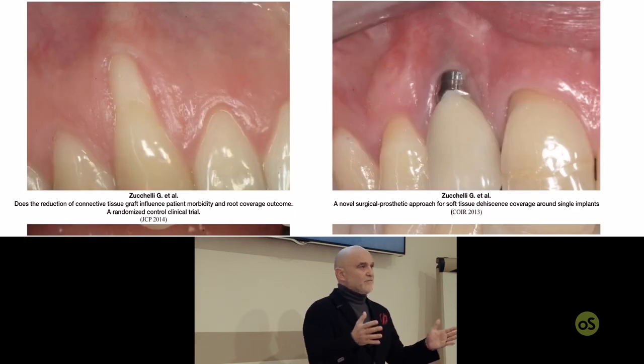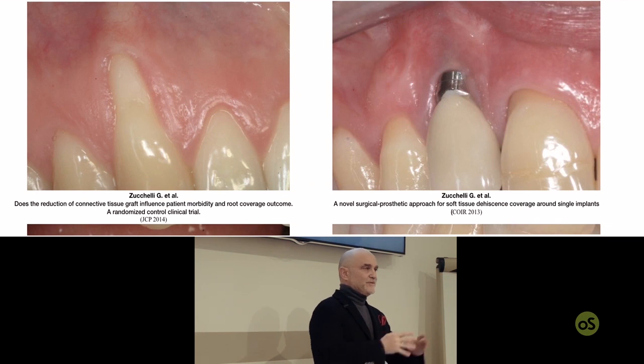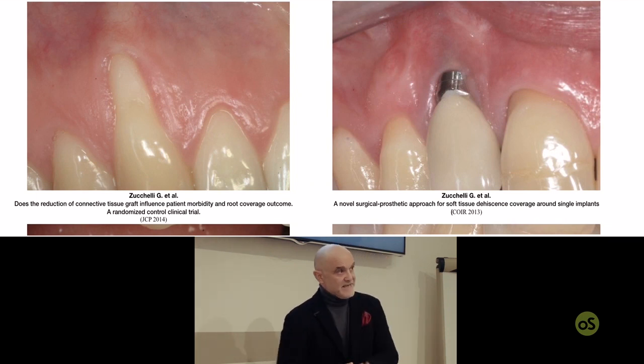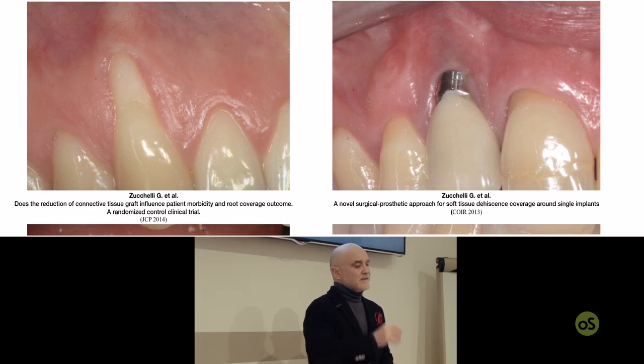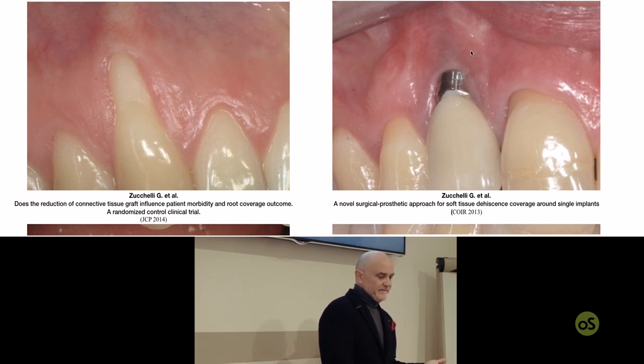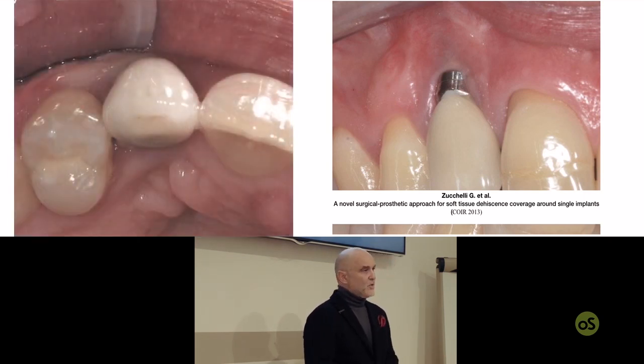So there are a lot of similarities between treatment of gingival recession around teeth and implants because it's only a soft tissue procedure and not a hard tissue procedure, because the dehiscence of the implant at the buccal aspect is due to bad implant installation and not to the lack of bone.